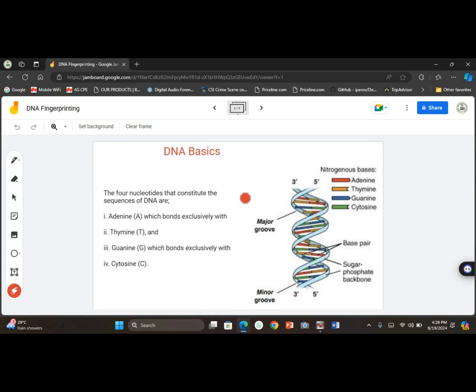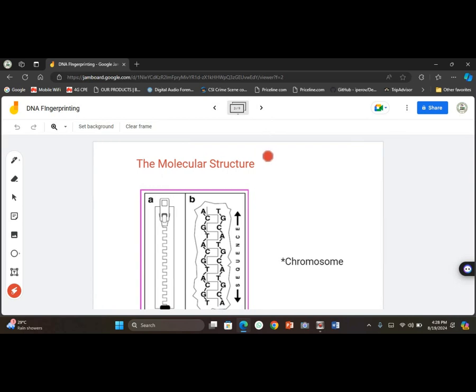This sequence forms the molecular structure, and the structure can be likened to a zipper. Look at this figure.